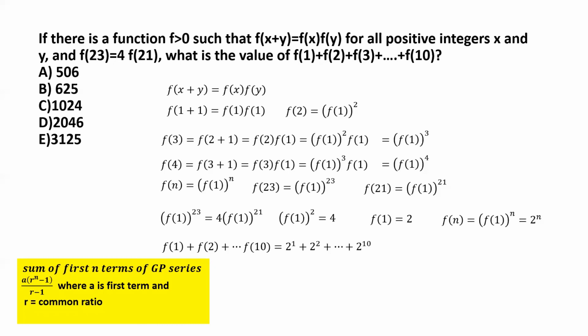Here the first term is 2 and the common ratio is also 2, so the sum is equal to 2 multiplied by (2 to the power 10 minus 1), and in the denominator we have 2 minus 1, which is 1. If we calculate this, it comes to 2046. So the correct choice will be option D, 2046.